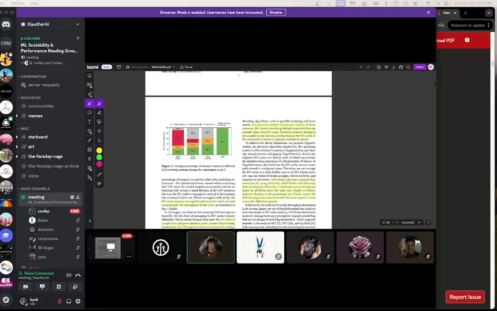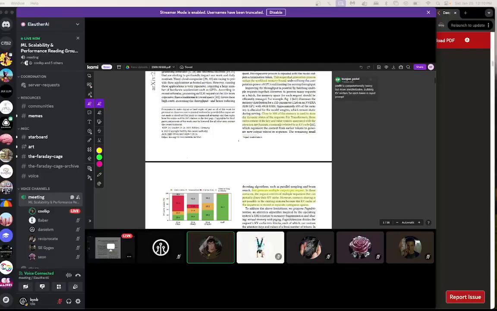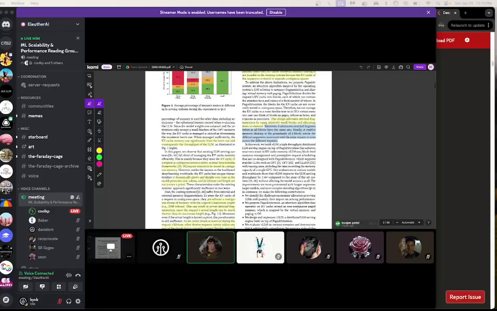The paper goes on to set the background for how this key value cache is managed currently, and how it grows, and how it limits performance.